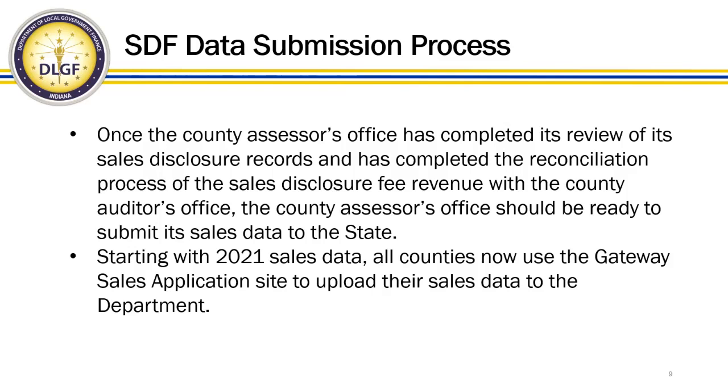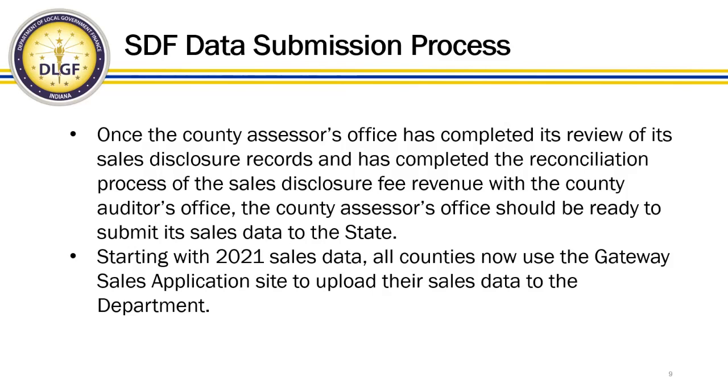Starting with 2021 sales data, all counties are now using the same process for submitting that information to the state. Prior to this year, there used to be a couple ways of submitting sales disclosure data. There were a handful of counties that were using the assessor edit side of Gateway SDF. So they were going into Gateway SDF and typing in all their sales disclosure data and entering it via that method.